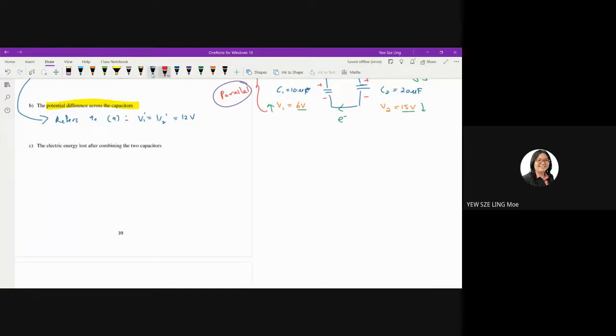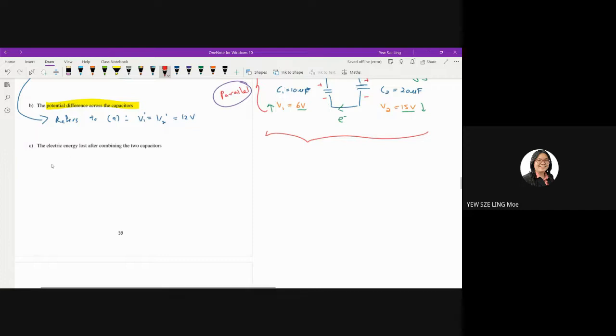So work is being done to insert the negative charge into the negative plate. So what we want right now is to identify how much energy is lost in the second process, when you combine C1 and C2 together.